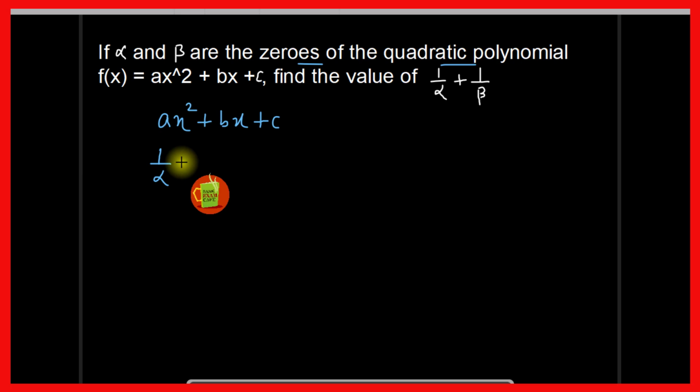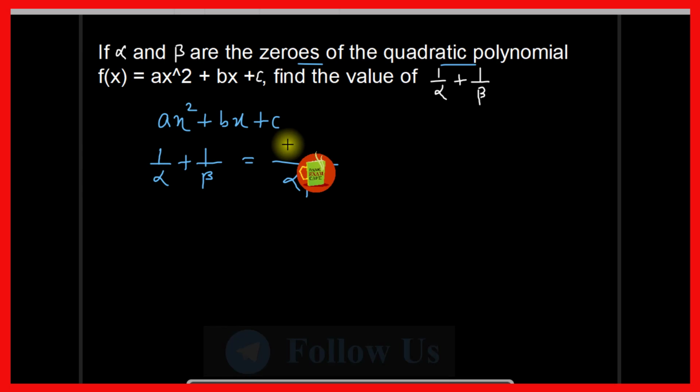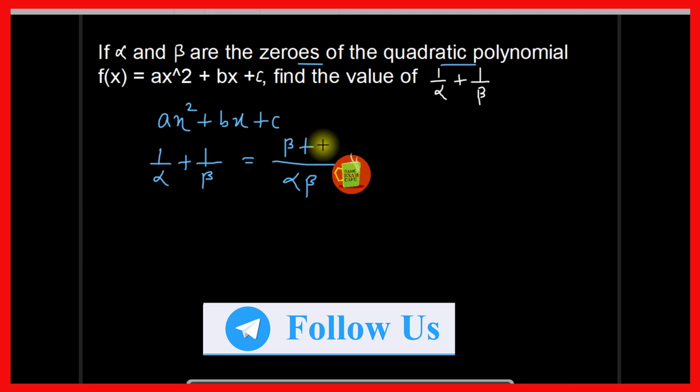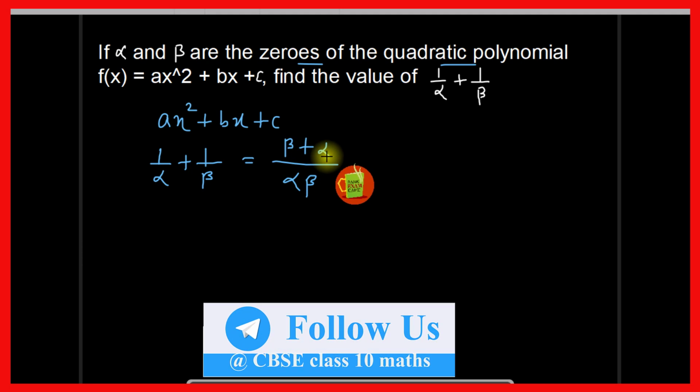So 1 upon alpha plus 1 upon beta can be written with alpha beta as the LCM. Multiply here by beta and here by alpha, and so it will be beta plus alpha, and beta plus alpha is nothing but alpha plus beta.